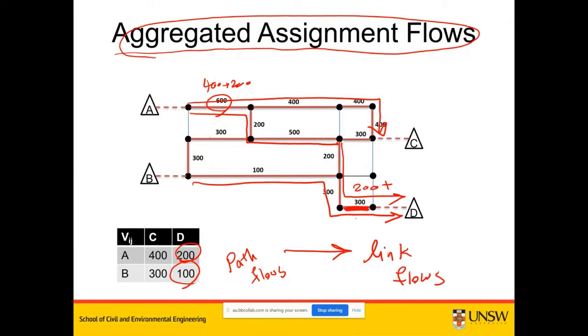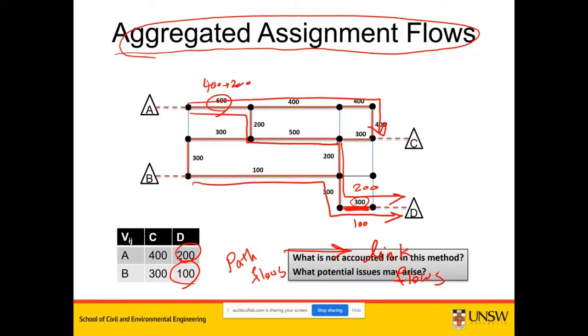So there is 100 coming from this path. So the total would be 200 plus 100, which gives me 300 as the volume on that link. So that's how we aggregate the assignment flows. We figure out the path flows, and then from path flows, we get the link flows.